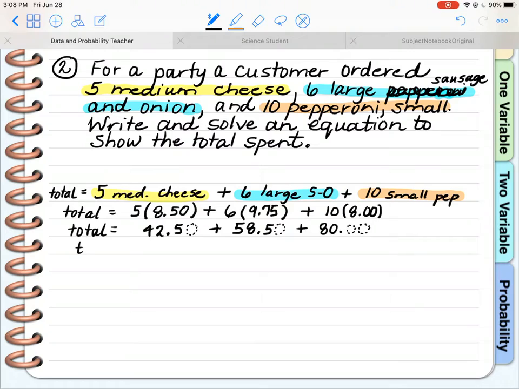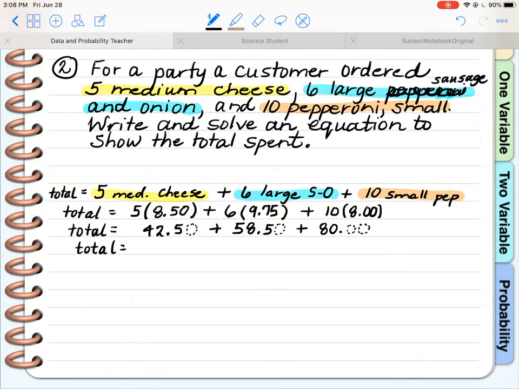We just need to do a total, finally and at last. So we want to add all of those up. $42.50 plus $58.50 plus 80. Sorry, I lost my place.